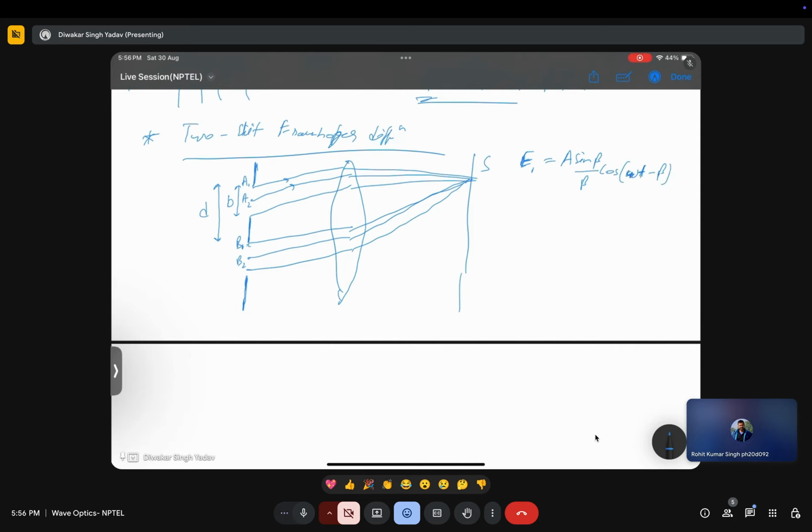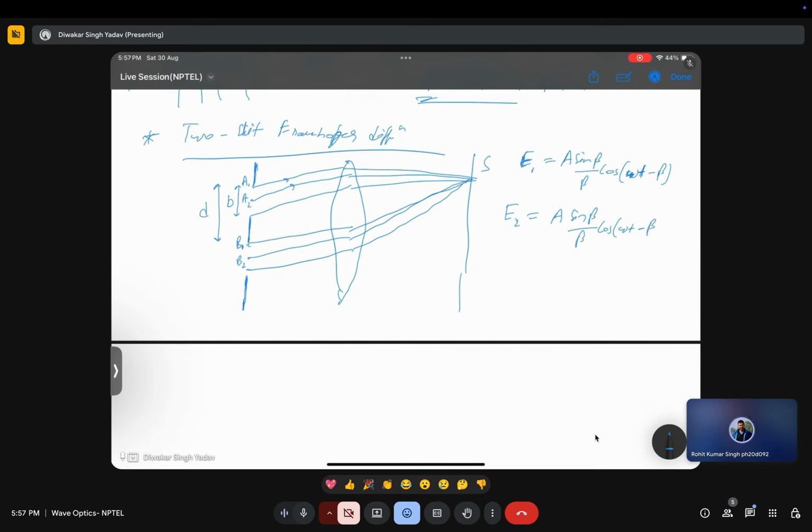Okay, and the resultant electric field due to the second slit will be cos omega t minus beta.